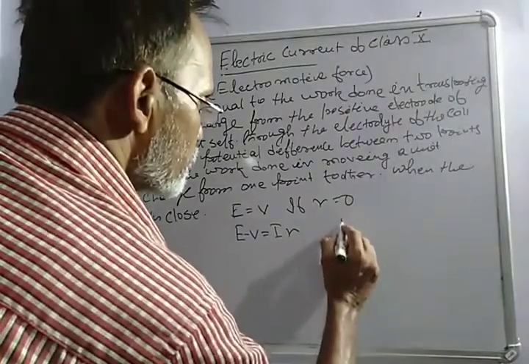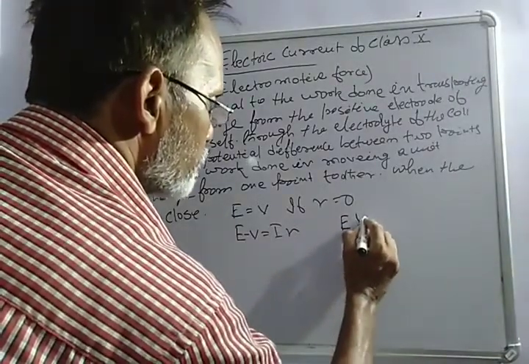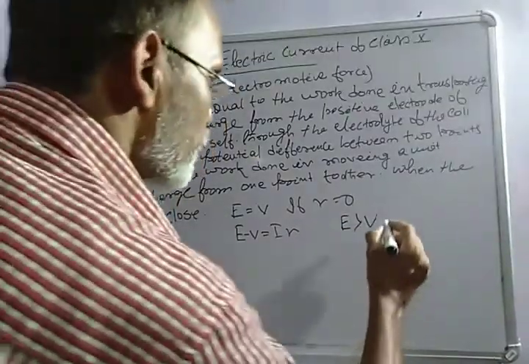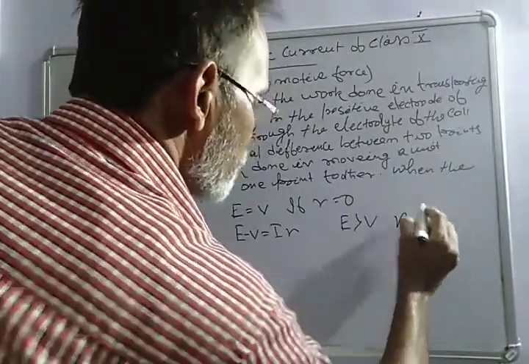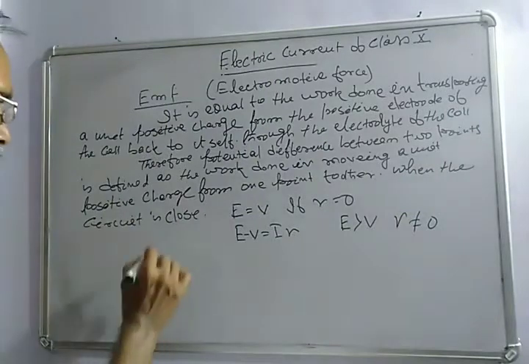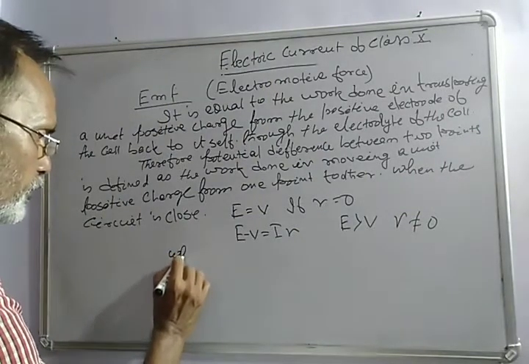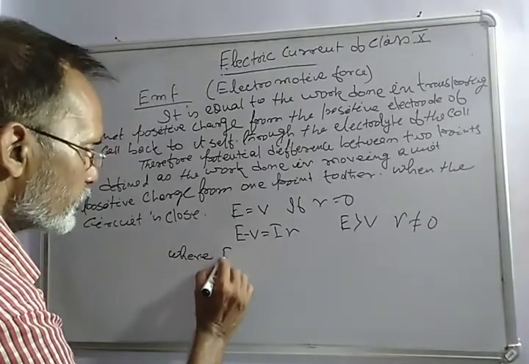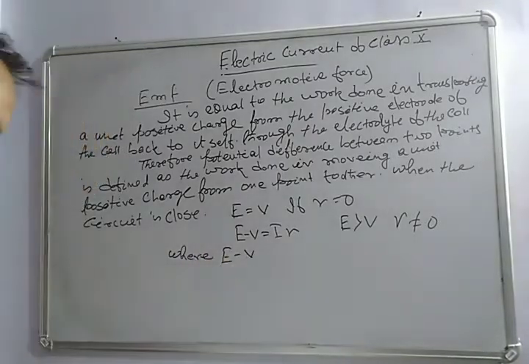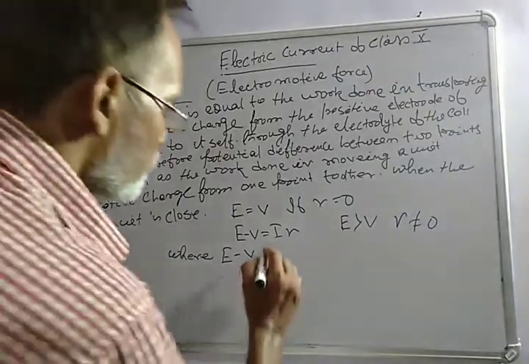E is greater than V and R is not equal to 0, where E minus V is equal to the drop in voltage.